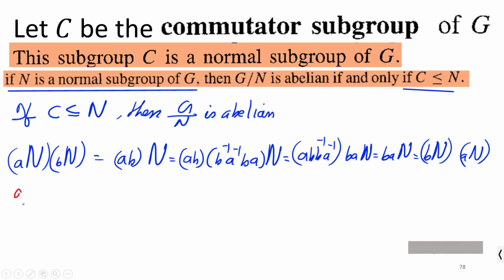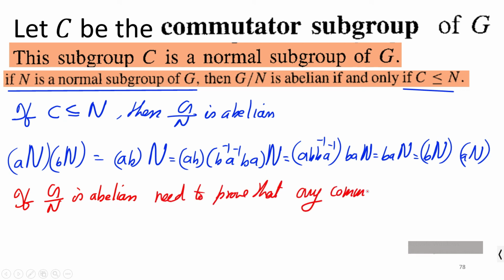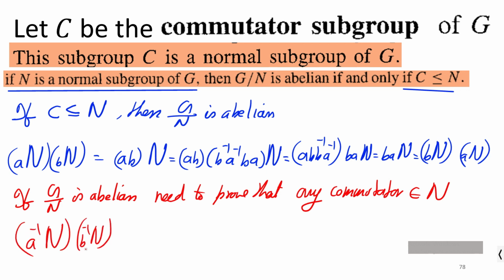Now as the converse, we assume that G over N is abelian, and you need to prove that all commutators are contained in N. Since G over N is abelian, you can have A inverse N into B inverse N is equal to B inverse N into A inverse N, the commutative property.